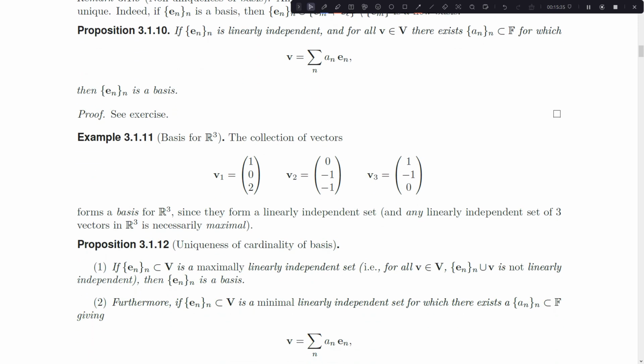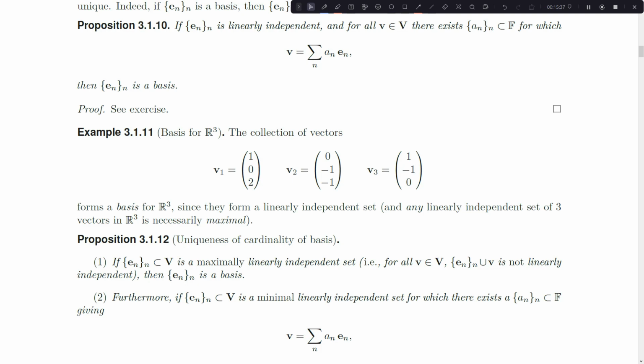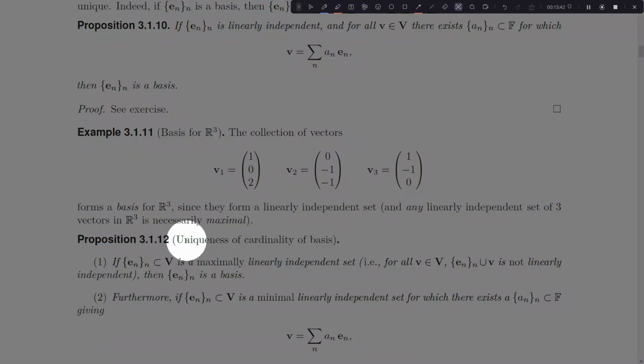Okay, now this next proposition is a somewhat important one. That's that the cardinality of a basis set is unique. Okay, so a set which is maximally linearly independent is a basis. And then more importantly, a minimal linearly independent set which is spanning is also a basis.